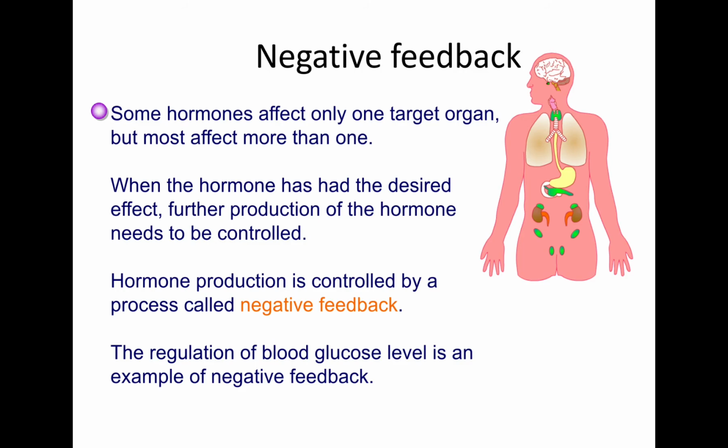If we continue to produce insulin at this stage, we will not have enough glucose in the blood, which is also harmful. So whenever enough glucose has been converted to glycogen, the production of insulin is stopped. This is controlled by a process known as negative feedback.